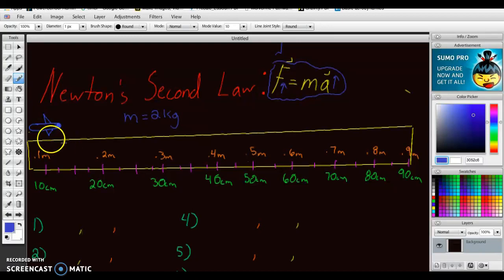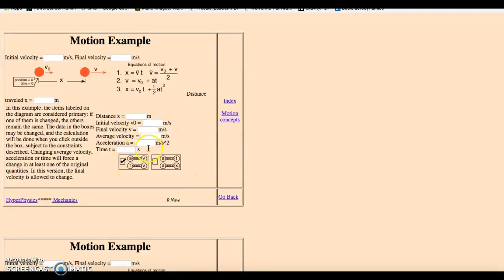The first thing I'm going to do is establish 2 points. I'm going to say that the airplane goes from 0.1 meter to 0.2 meters. That is a displacement of 0.1 meter, and I'm going to put that in my computer.